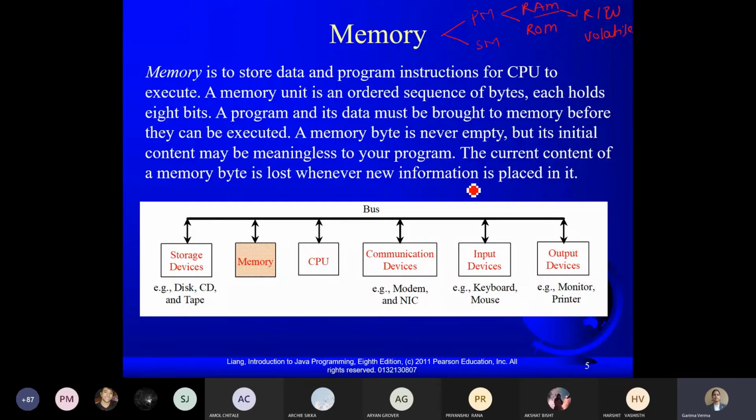So why do we require this kind of memory? Whenever you switch on the system, your primary memory starts working, and whatever you see on the monitor is basically because of the primary memory. Like you are seeing this PPT. Where is this PPT stored right now? It is stored in the primary memory.